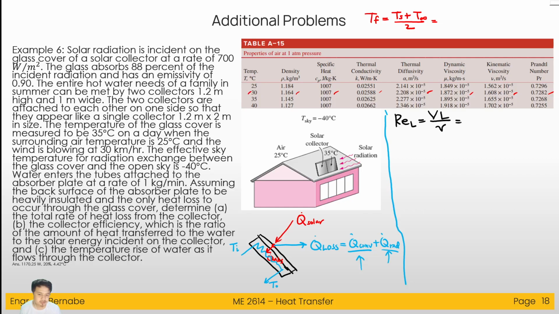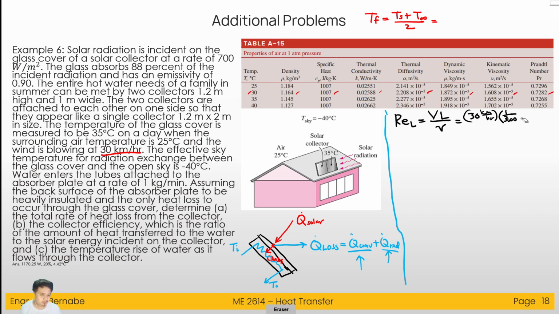The velocity here is 30 kilometers per hour. We need to convert this into meters per second, because the units of kinematic viscosity are meters squared per second. So 1 over 3,600 per second, and 1,000 meters over 1 kilometer.